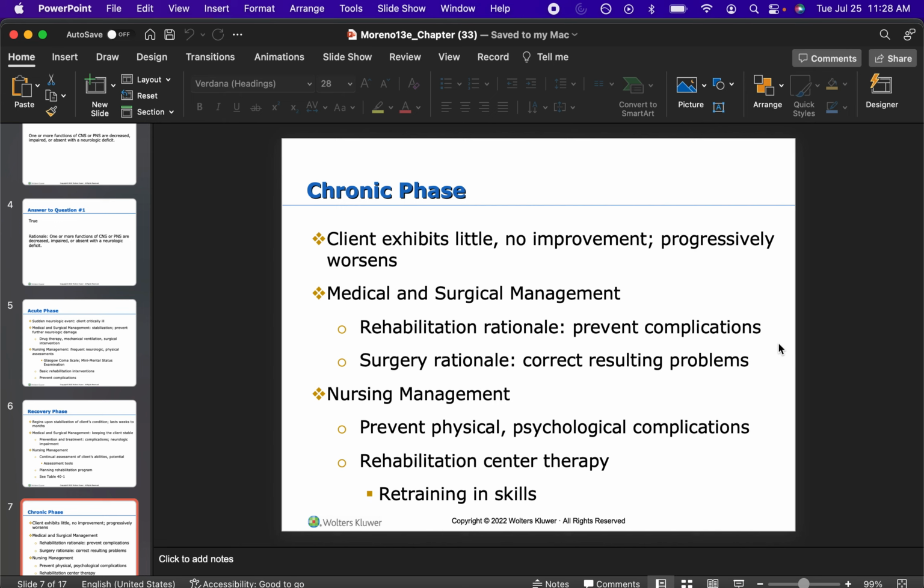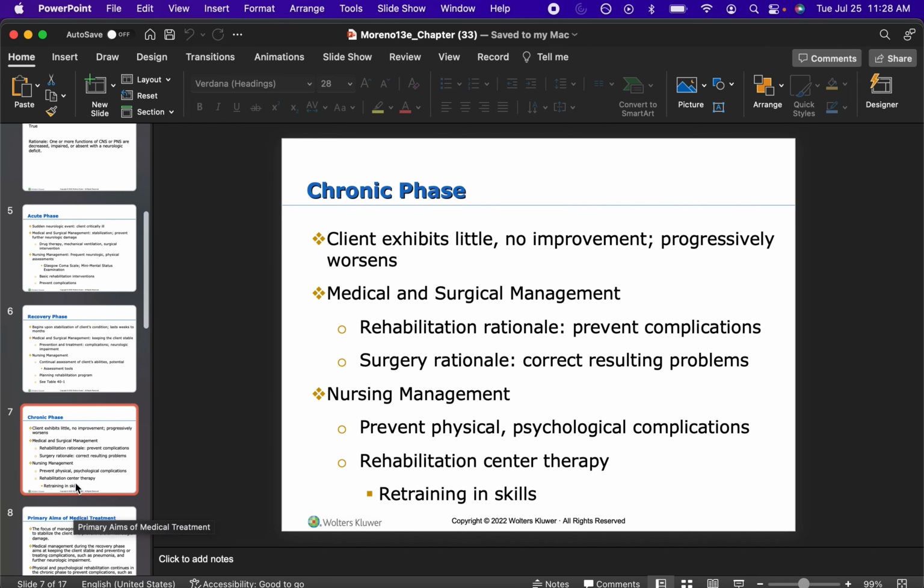But again, this phase is unfortunately a little less progressive. They're stable, but they're not getting better, and there's potential, unfortunately, to get worse. So we want to prevent physical and psychological complications, and they may still go to a rehab center to try to retrain any skills.